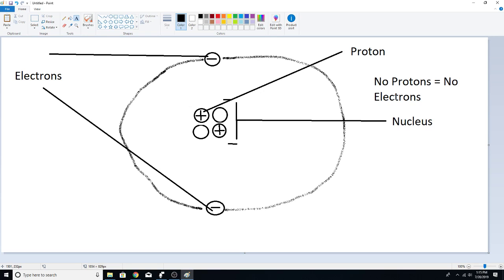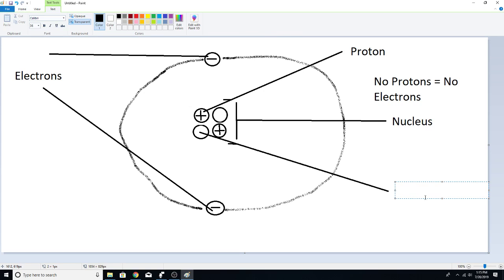There's one more particle that we're missing, and that's the neutron. Neutrons don't have a charge. They are almost chargeless, but they give the atom different properties. For example, you might have heard of isotopes.